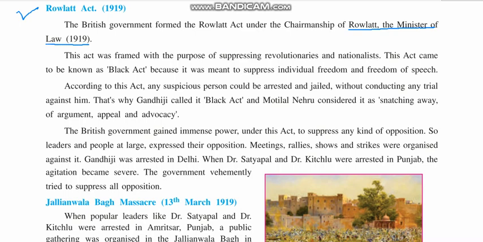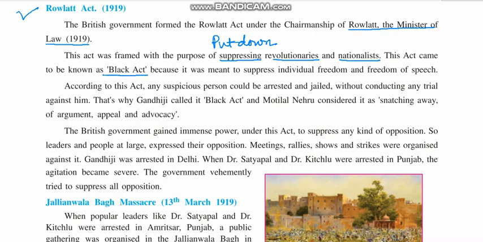This act was framed with the purpose of suppressing, that is, putting down, the revolutionaries and nationalists. It was also to control the nationalism which was going on in full swing in India. This act came to be known as the Black Act.